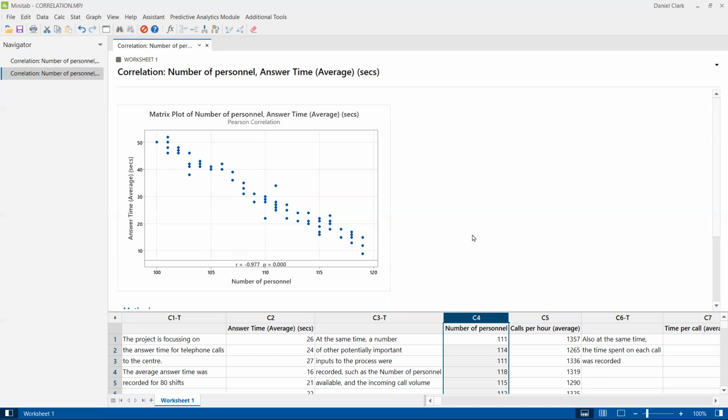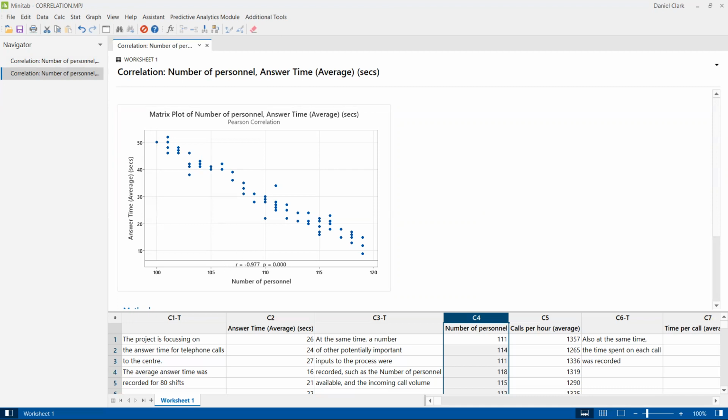We know it's statistically significant, but is that a practically useful result? Visually, it looks like the number of personnel certainly seems to affect the answer time, but the Pearson's R gives us a way of quantifying that. The R here is negative 0.77.